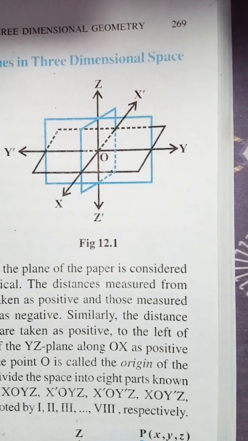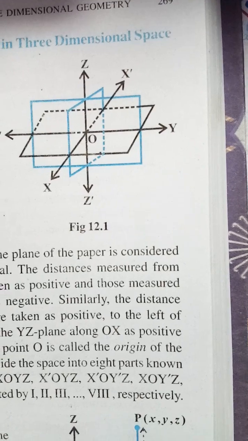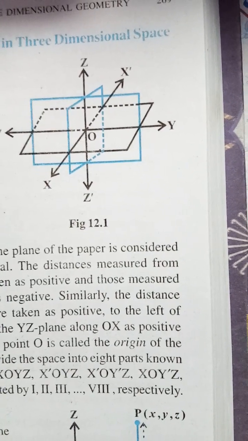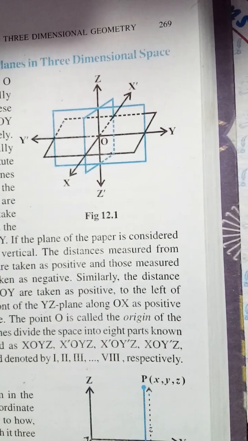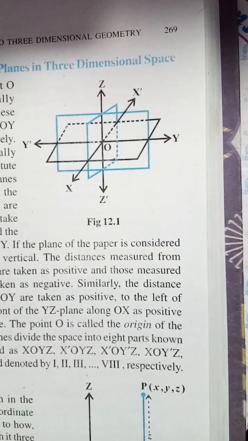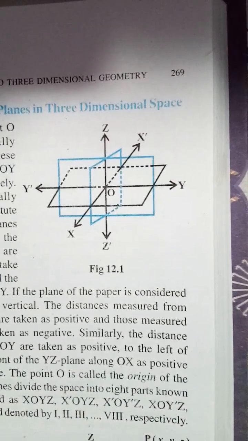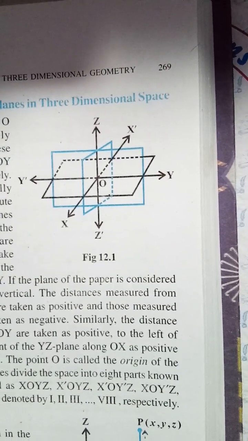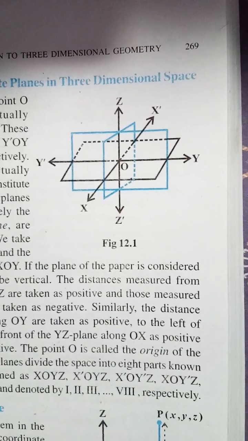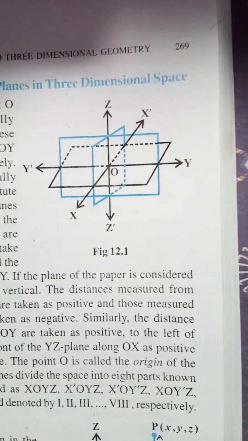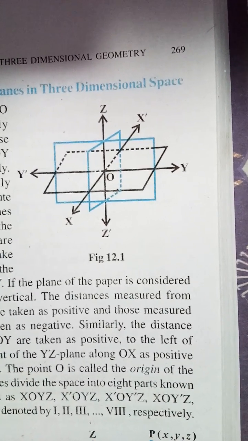We take the XOY plane as the plane of the paper and the line Z'OZ as perpendicular to the plane XOY. If the plane of the paper is considered as horizontal, then the line Z'OZ will be vertical.